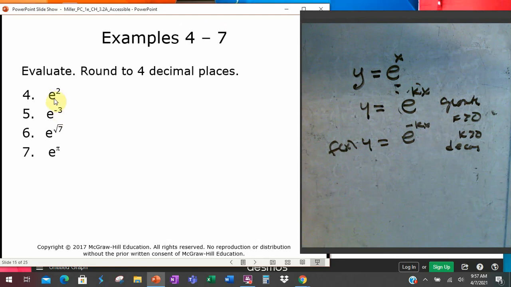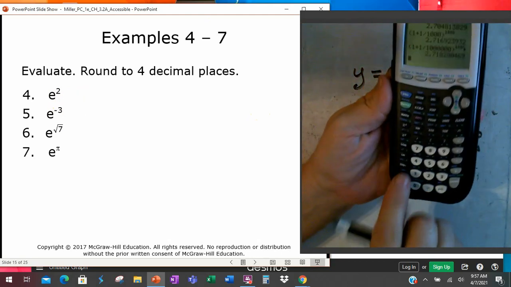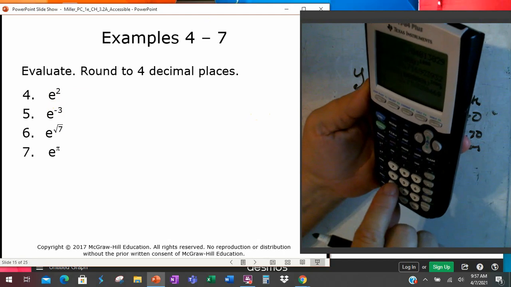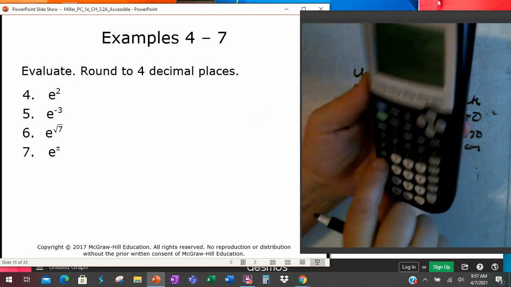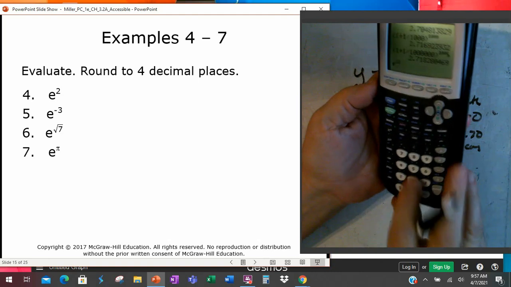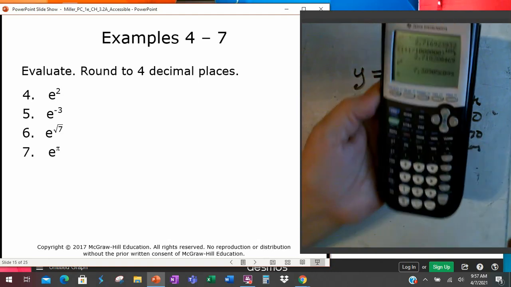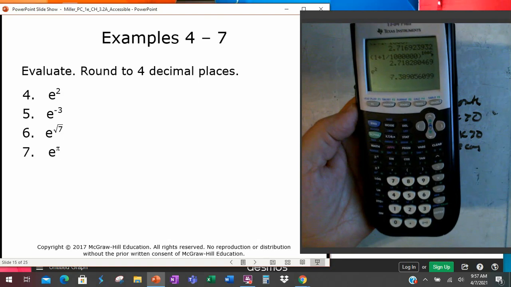Round to 4 decimal places, this is just calculator. So on my calculator, I would press second, find my e to the x, then enter the 2 and hit enter, and that would be 7.389.